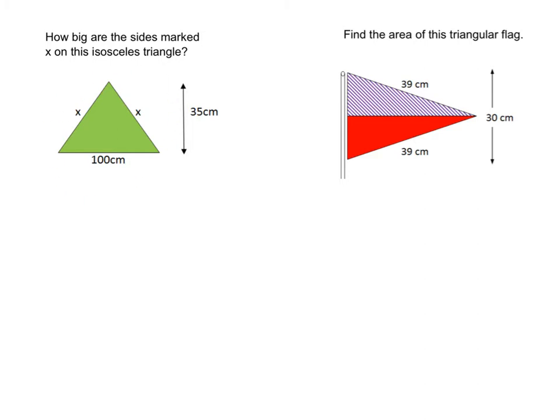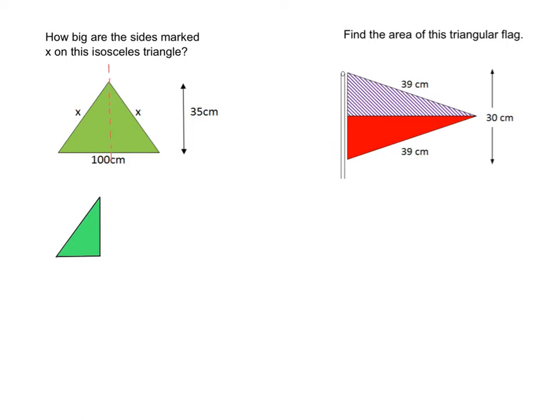What I need to do is find a right-angled triangle. And the easiest way to do that is to split my shape down the middle. And that will give me a single right-angled triangle. That dashed line is actually the line of symmetry of that isosceles triangle.